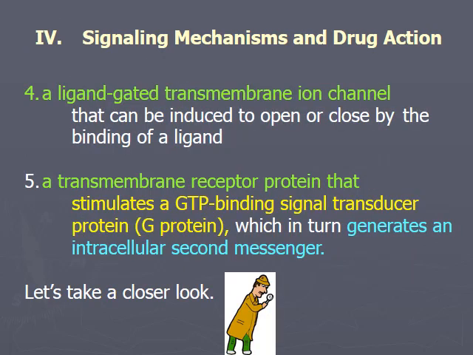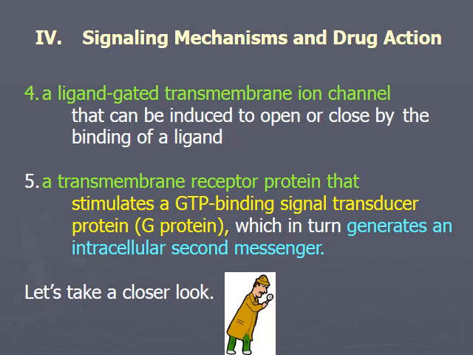You'll see those other terms as well, and I'm going to talk about that type of signaling as we move forward this afternoon. In addition to receptors that are linked to enzymes, we have some receptors that are linked to channels.